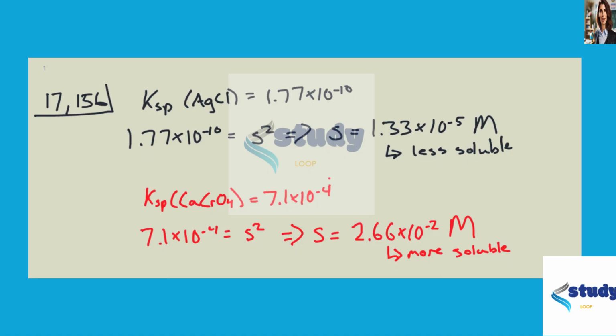However, we can see that when silver chloride's concentration gets to be in the micromolar range, a precipitate will start to form. So it is a relatively insoluble compound, whereas calcium chromate is more soluble. We can have higher concentrations in solution, up to 2.66 times 10 to the minus 2.